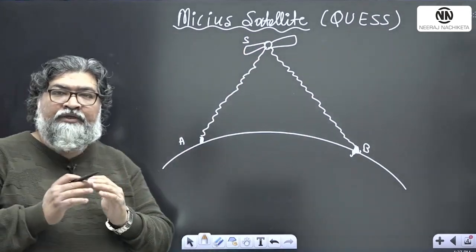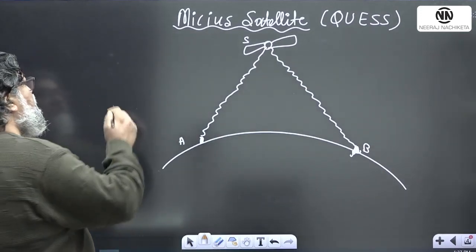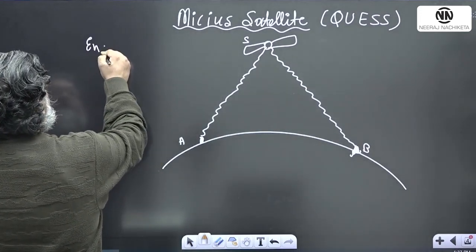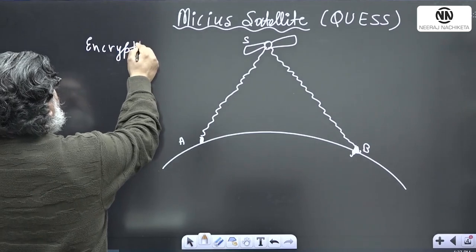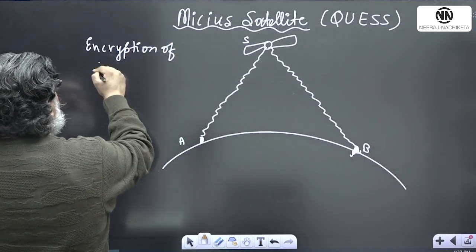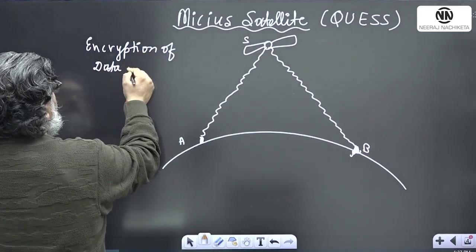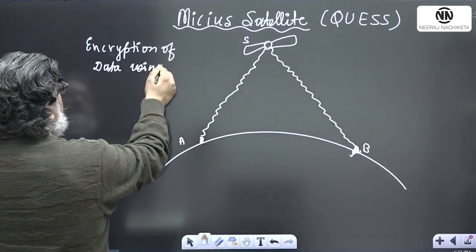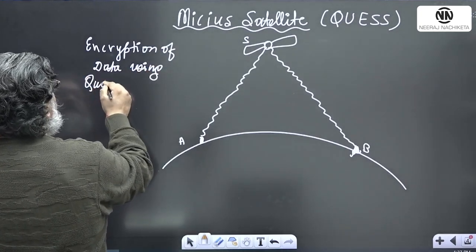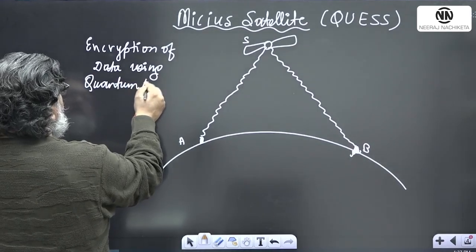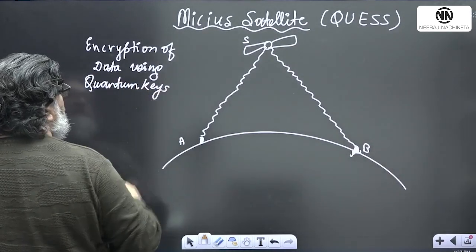It became encoded. So it used encryption of data using quantum keys, right?